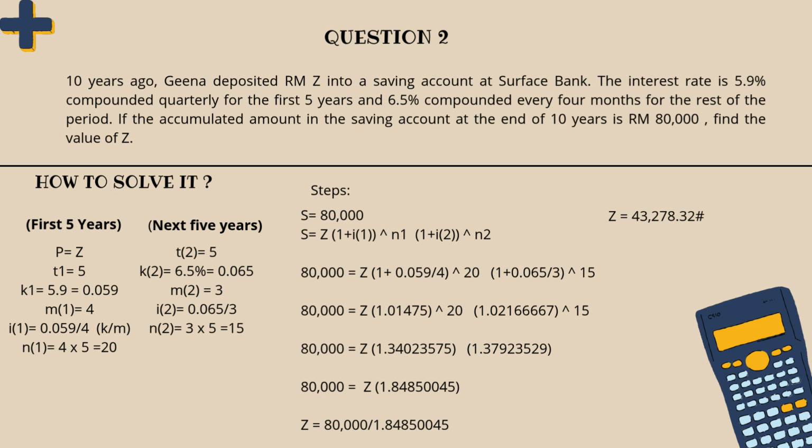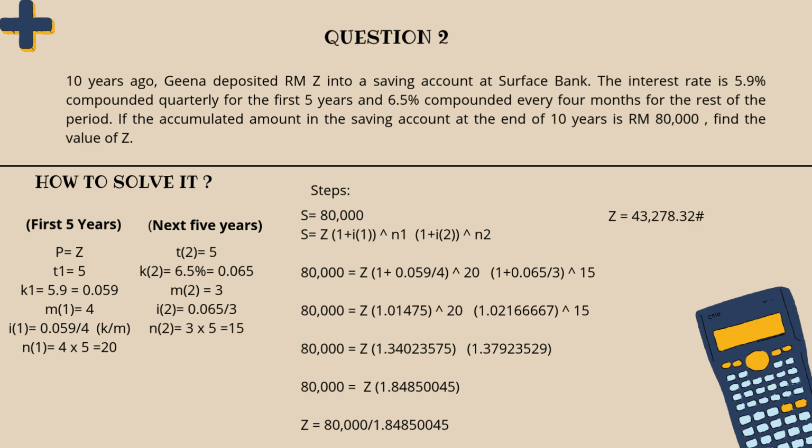For the next 5 years, T2 equals 5, meanwhile K2 equals 6.5% or 0.065, and M2 equals 3 since it is compounded every 4 months, giving us interest equals 0.065 per 3, and N2 equals 3 times 5 equals 15. Now, following the steps in the middle, our future value S is 80,000 ringgit.